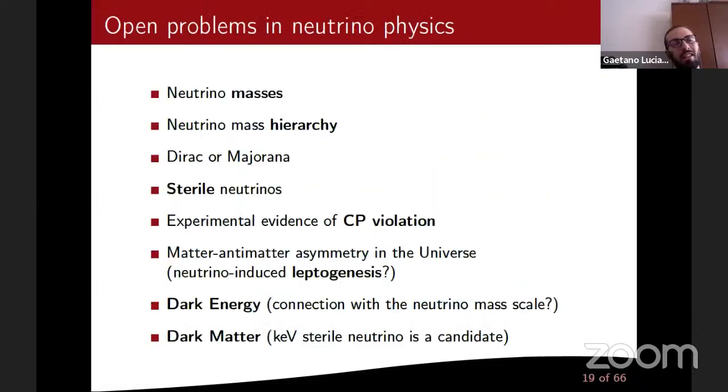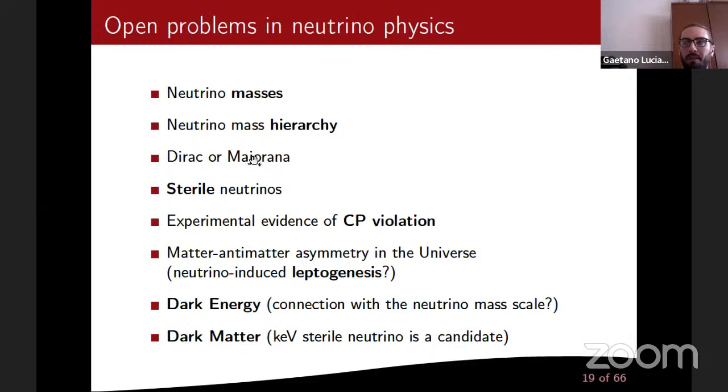Okay, here is just a list of some other open problems about neutrino physics, but I'm not going to discuss all these problems. First, we don't know the exact value of neutrino masses. We don't know the hierarchy, I mean, if the difference between M1 and M2 is higher or smaller than the difference between M2 and M3. We don't know, as I was saying in the beginning, if neutrinos are Dirac or Majorana particles.